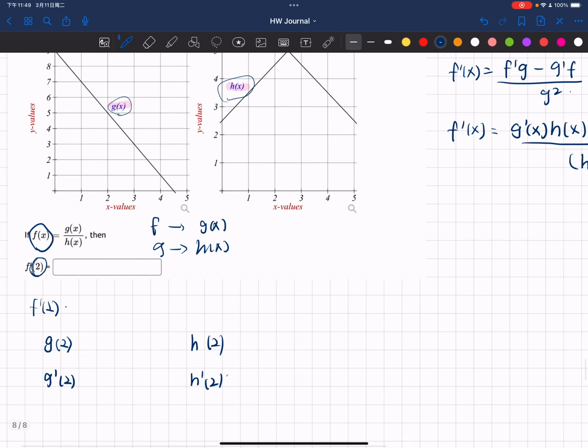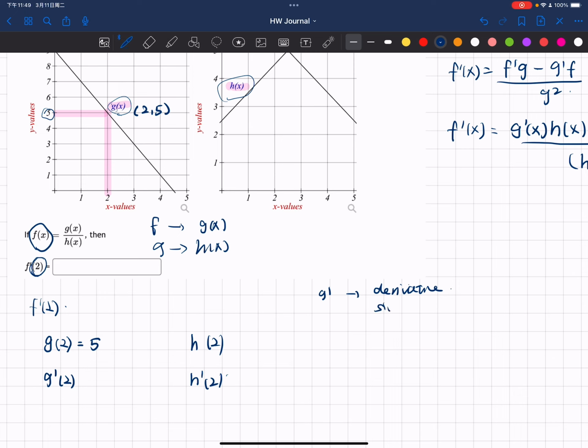So first of all, let's look into our g of x graph. From here we know when x equals 2, g of x equals 5. So the coordinates right here are 2, 5. Then, as we all know, g prime means the derivative of the original function, which is the slope.